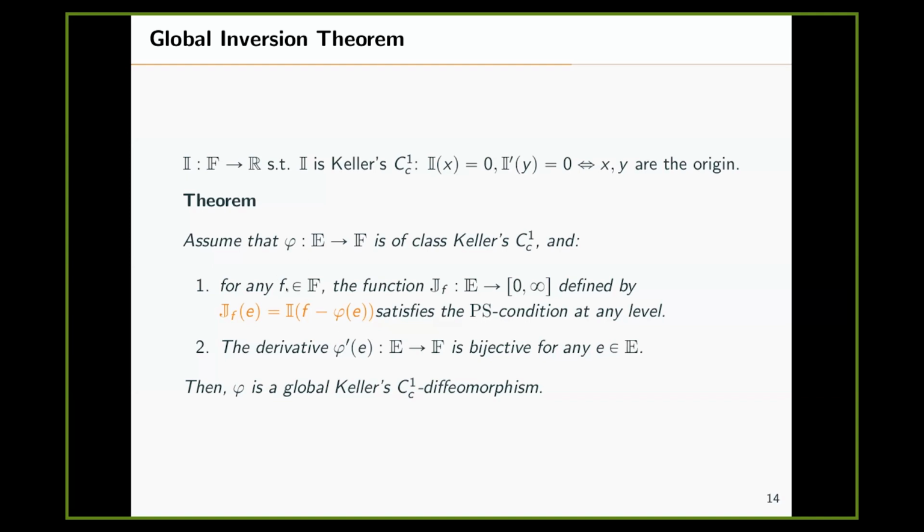For any fixed f, the associated functional, defined as I evaluated at the difference between these two points, we assume satisfies the Palais-Smale condition at all levels. And also another assumption is that the derivative is bijective for any element of the domain. Then this function is a global diffeomorphism.